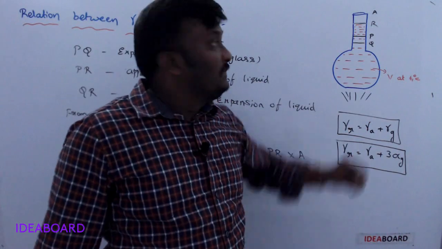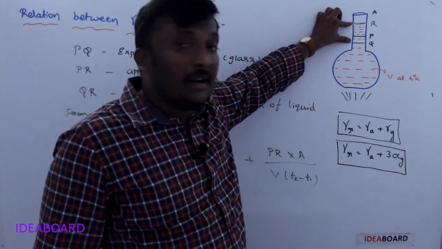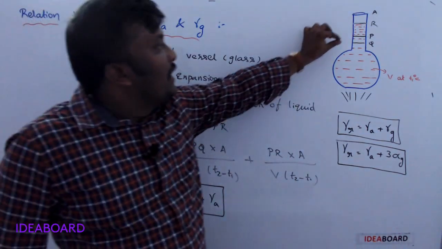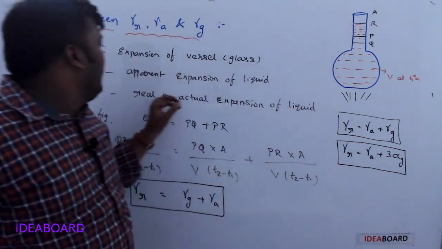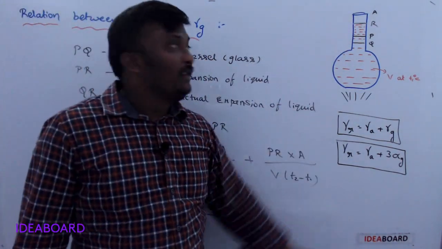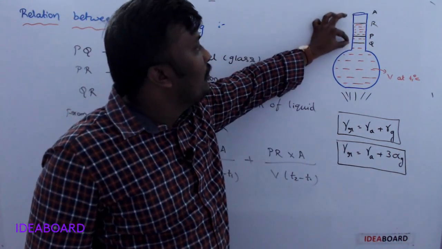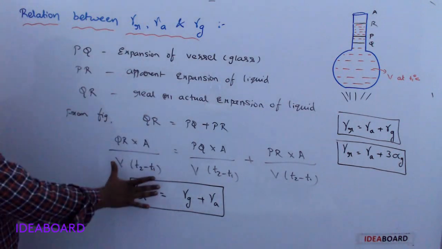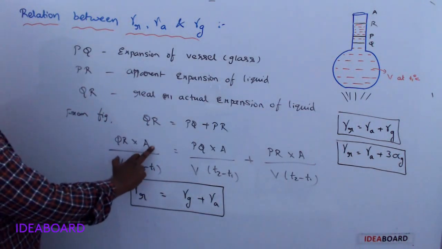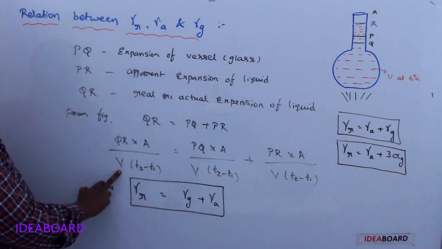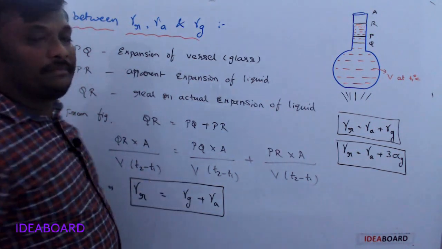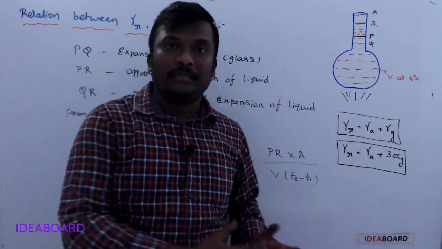The liquid also expands, then it reaches up to R. Then PR indicates apparent expansion and QR indicates real expansion of liquid. From the figure, QR is equal to PQ plus PR. In order to get the formula, I multiplied with area and divided with volume of liquid and rise in temperature, and we get the relation. Clear? Please note it down.